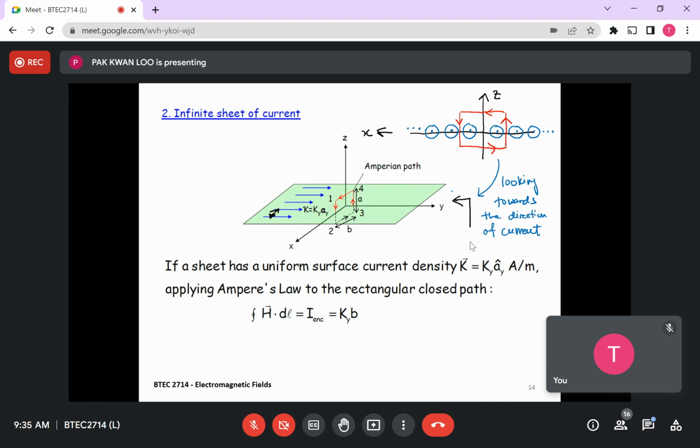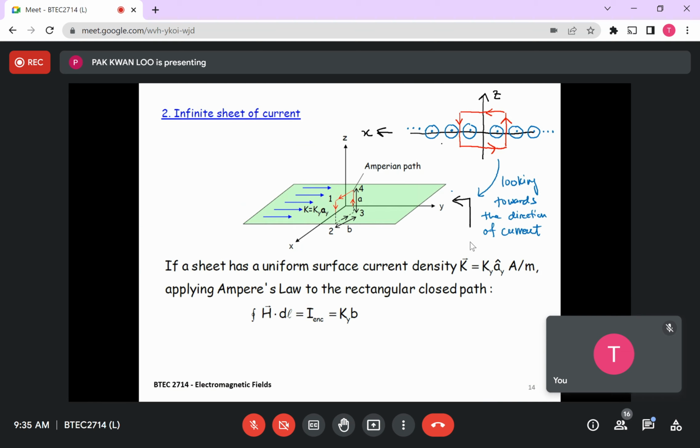It's just a representation that this surface carries a surface current. When I say continuous, between the lines there's no gap. Everything is continuous on the surface.